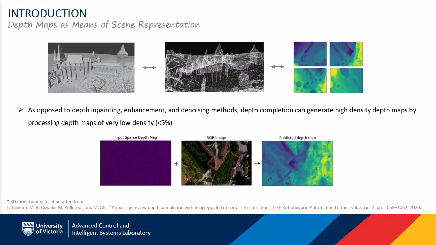We can use depth maps to parameterize the domain of point clouds, or in other words, we can consider point clouds as an embedding of a set of depth maps and store depth maps instead of the point clouds. With this understanding, we can realize the importance of having a dense depth map and eventually the applicability of depth completion for 3D reconstruction purposes.